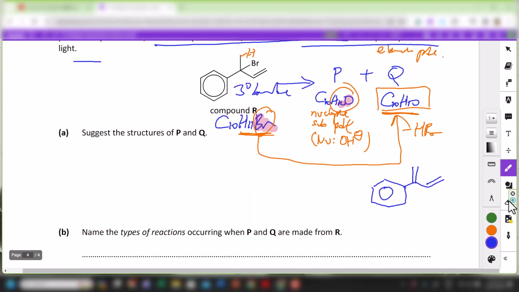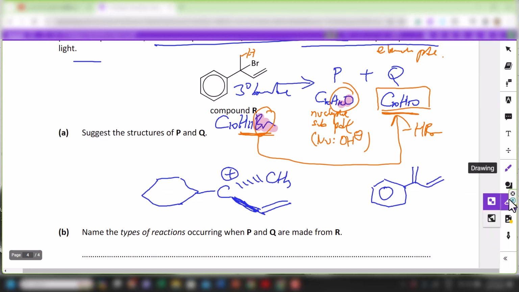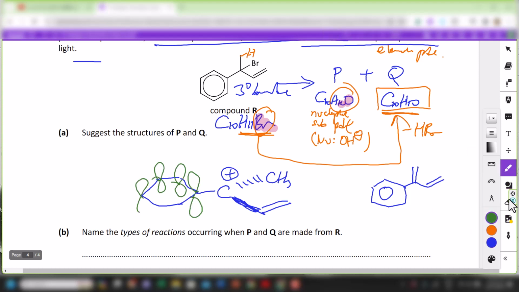It does make sense, because if you look at the potential carbocation that can be formed, I'm just going to sketch it out over here. This is the carbon, with a CH3 here, and a group projecting out with an alkene. This carbocation is trigonal planar and tertiary, and most importantly, conjugated with the pi electron cloud in the phenyl ring. If I remove this ring here and draw in the unhybridized p orbitals in the benzene ring, you notice that this is a delocalized electron cloud, and at this carbon there is an empty p orbital.